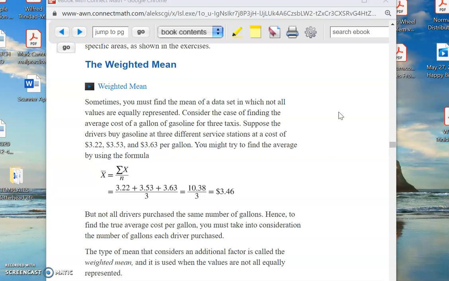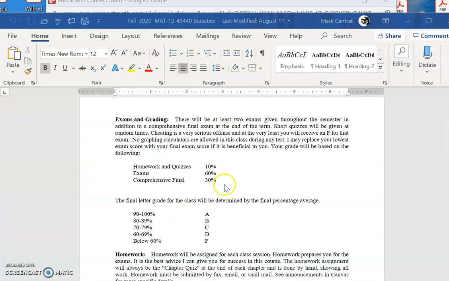Did I say that right? Well, obviously I'm not adding up to enough. Okay, so here's my syllabus. The homework and the quizzes count as 10%, the exams count for 60%, and then the final exam counts for 30%. Okay, so that's a typical weighted average.